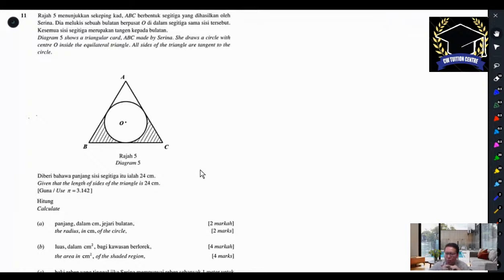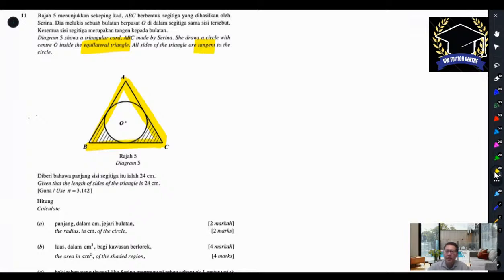And here it involves tangent. That's why I selected this question for you. Let's read the question. Equilateral triangle. Equilateral means sama panjang. This one sama panjang.